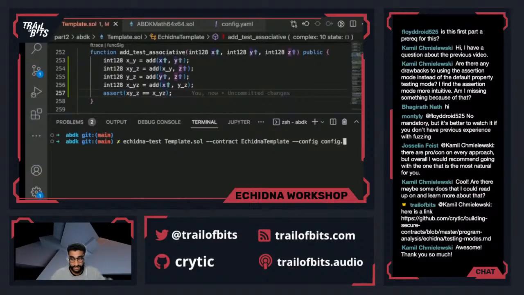So another difference. Last week, when we wanted to use assertion mode, we did test mode assertion. Now let's say you have another configuration parameter. Echidna supports dozens of different configuration parameters. Let's say you have configuration X, and then Y, and then Z, and then A. You'll notice that the CLI command is becoming incredibly verbose and very complicated.